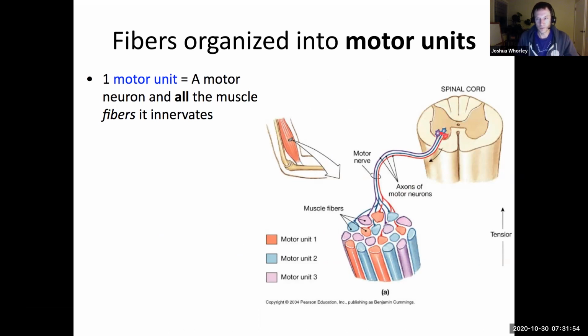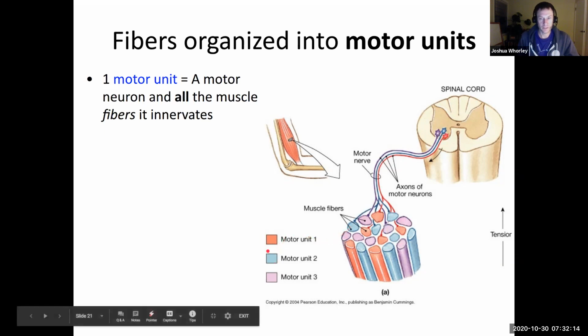All our motor neurons are located in this ventral portion of the spinal cord. So this is anterior or ventral, this is dorsal or posterior. So here this motor unit travels off, it branches and contacts all of these purple muscle fibers, right? So this is a motor unit. Each one of these is a motor unit, and you can see that reflected here.